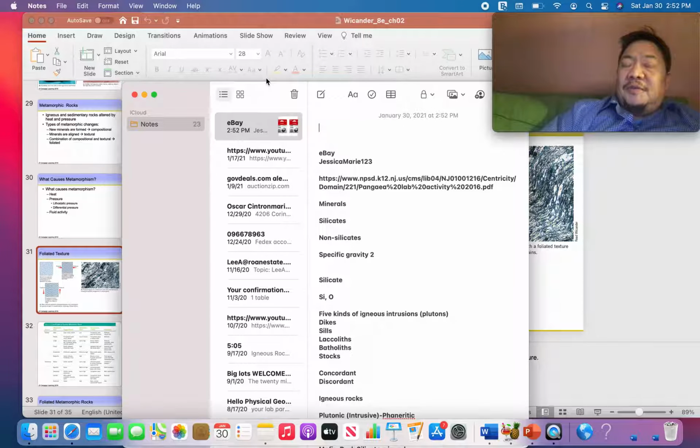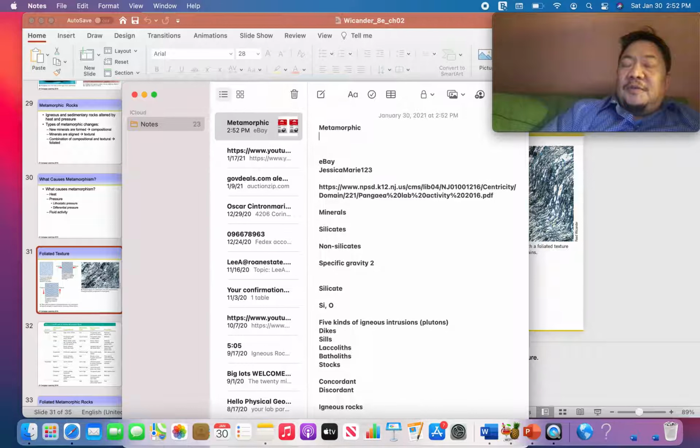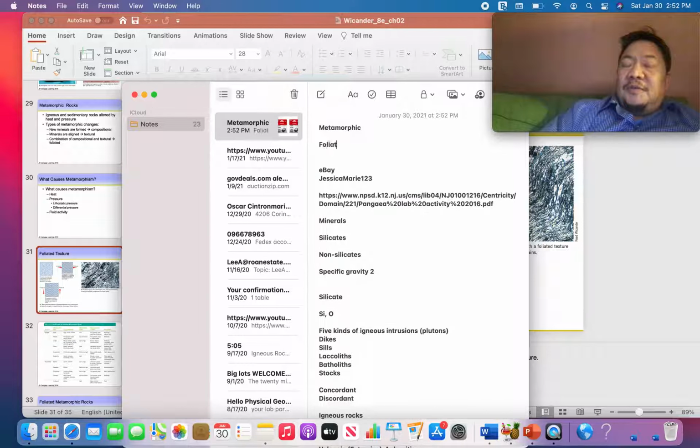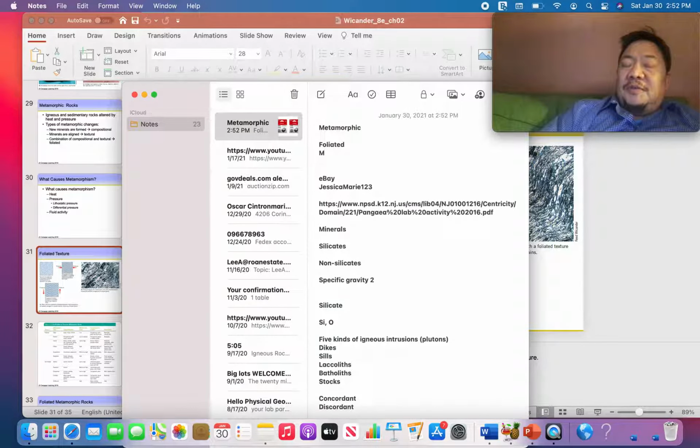And for the sedimentary rocks, you needed to learn about detrital, chemical, or biological textures. For metamorphic rocks, it's a lot simpler. There's two textures. You got foliated metamorphic rocks, and you got nonfoliated metamorphic rocks.